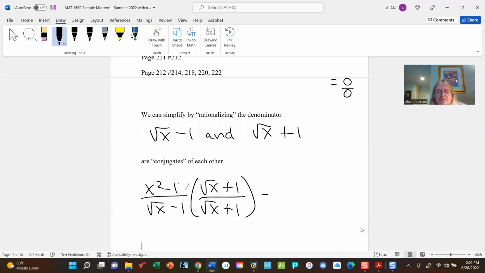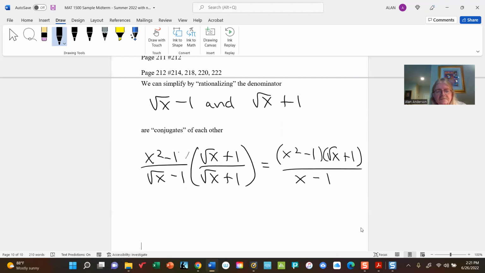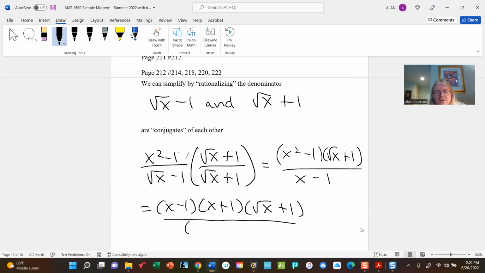So we'll end up with, in the denominator, when you do something like this, the squares of the first term minus the second term. And you see the beauty of this is that x squared minus 1 can be broken down into x minus 1, x plus 1.